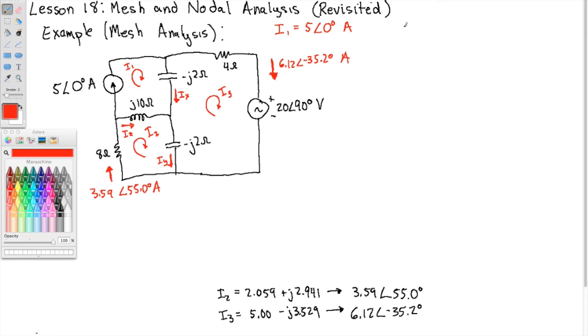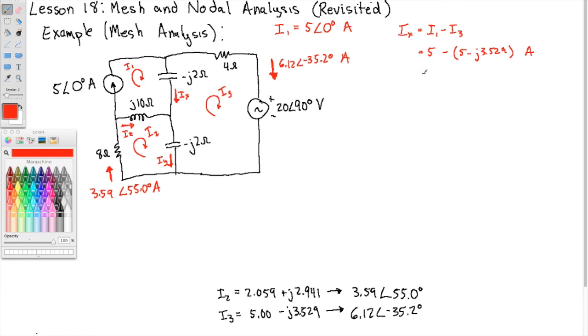All right, let's find IX. IX is in the direction that I drew it, going with I1, and I3 opposes it. So IX is I1 minus I3. Well, I1 is 5 angle 0, and so in rectangular form, that's just 5, right? Minus I3, which is 5 minus J 3.529 amps.